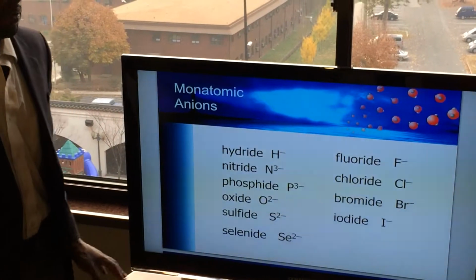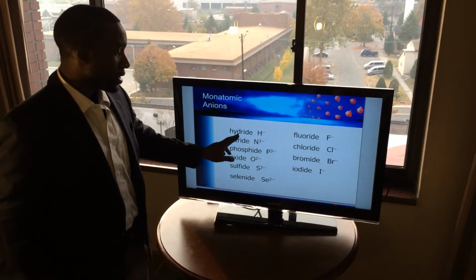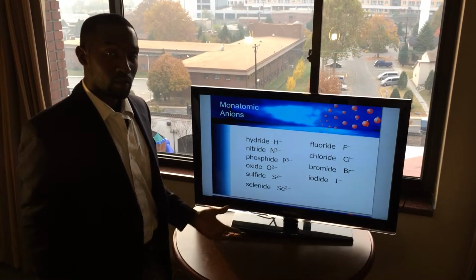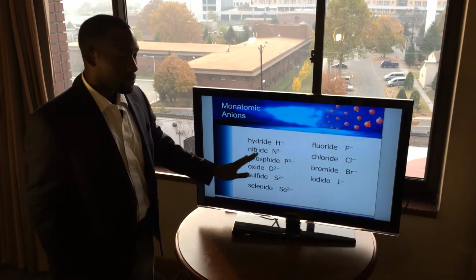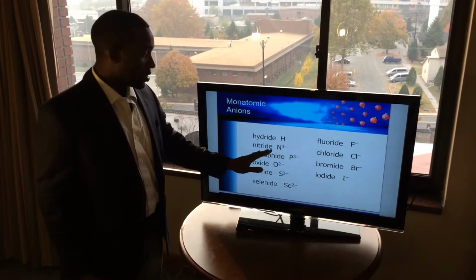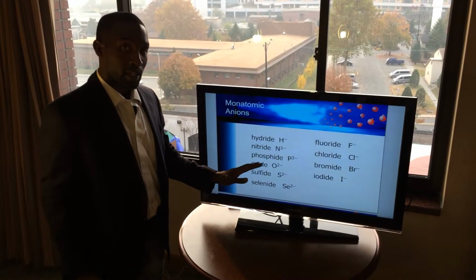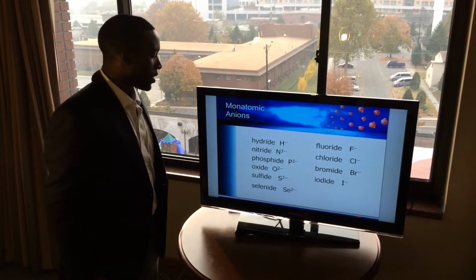Okay, so I feel like you have a grasp on not only how to identify the name as well as the chemical formula of these negative ions, but you also will be able to determine what charge each element will acquire as it becomes an anion. So it's very important that you identify what those are.